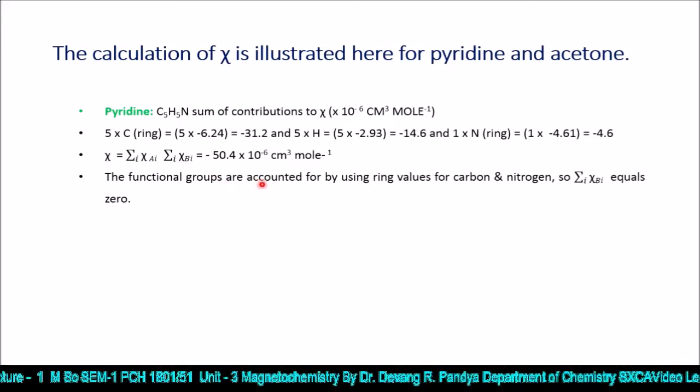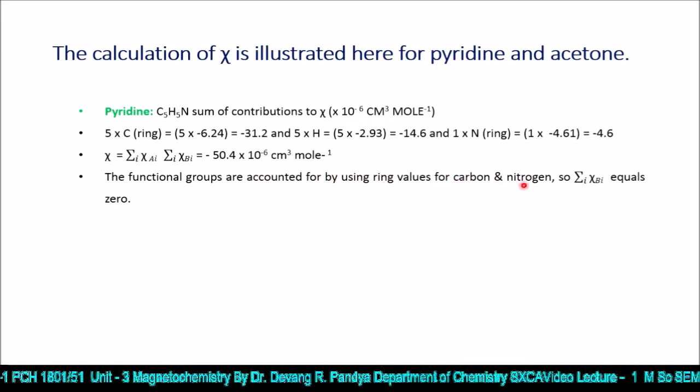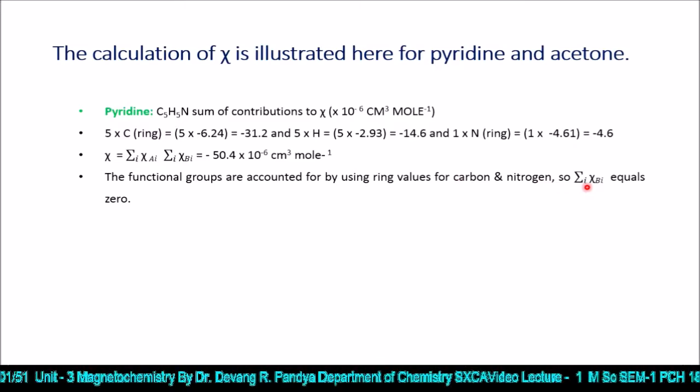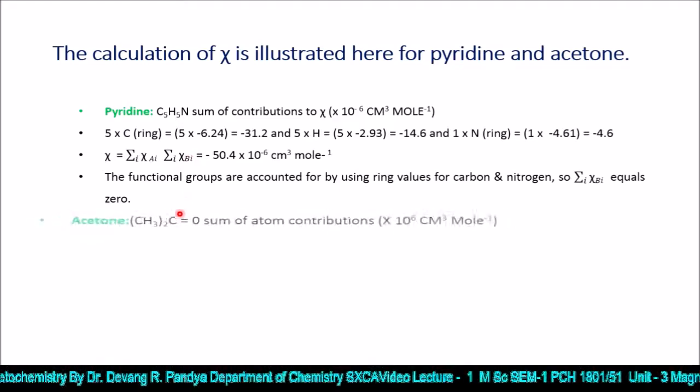The functional groups are accounted for by using ring values for carbon and nitrogen. So Σ λi is equal to 0. This is considered to be 0.